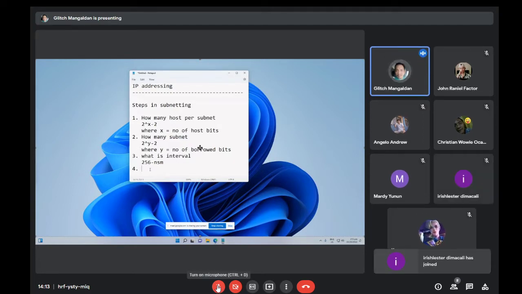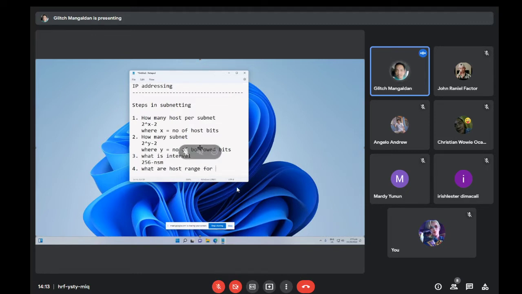Number 4 is host range. What are the host ranges for each subnet?